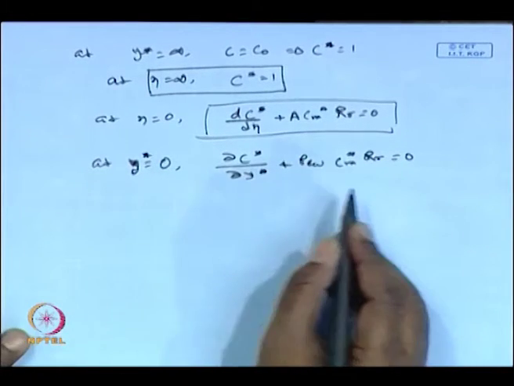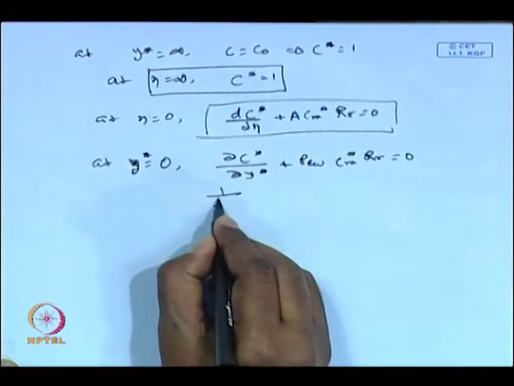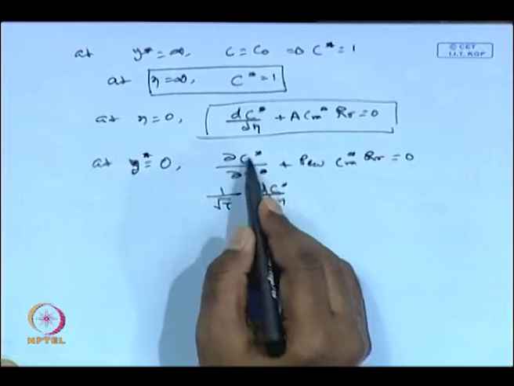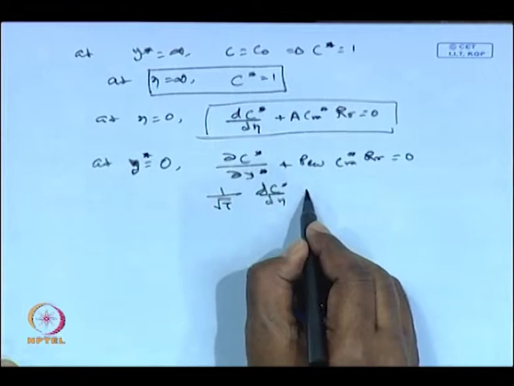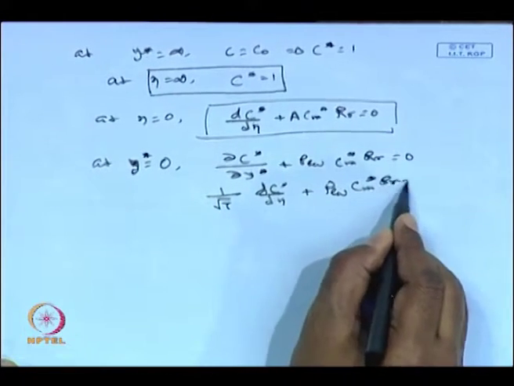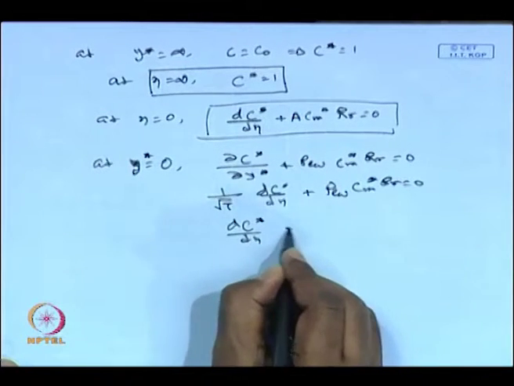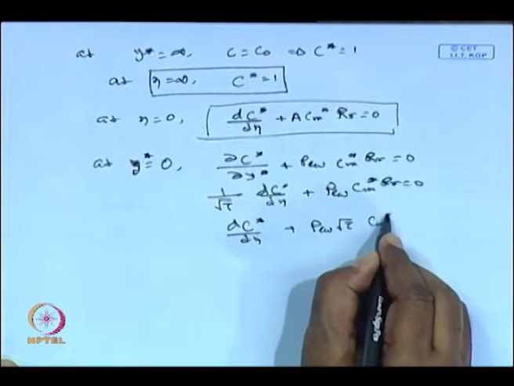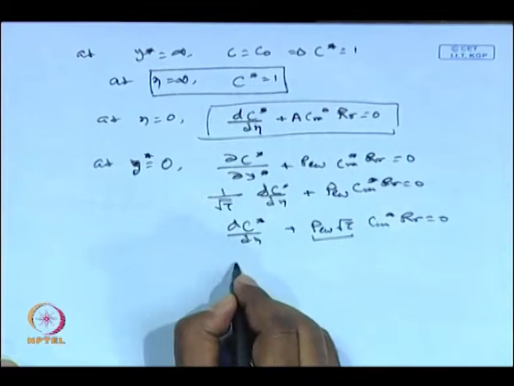Now, if we express del c star del y star in terms of eta, we have already derived that it can be written as 1 over root over tau d c star d eta. With p w c m star r r equal to 0, we get d c star d eta plus p w root over tau c m star r r is equal to 0, and this is the constant A that we have already defined earlier.